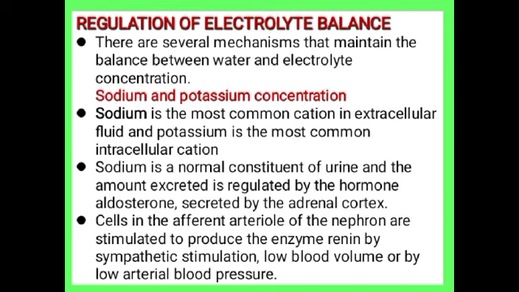So we're saying that sodium is a normal constituent of urine, and the amount that is excreted is regulated by the hormone aldosterone, which is secreted by the adrenal cortex. Remember, the adrenal cortex is just part of the kidney, and we're talking about how the kidney plays a function in the regulation of electrolytes.